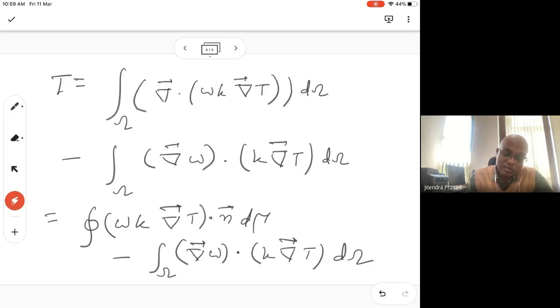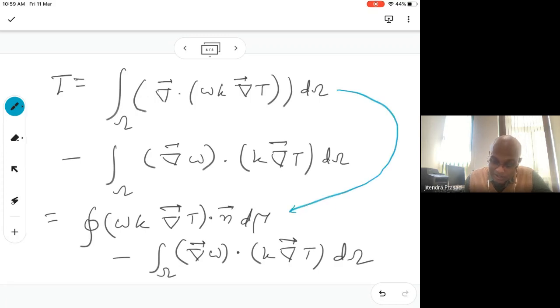So from here to here, divergence theorem.